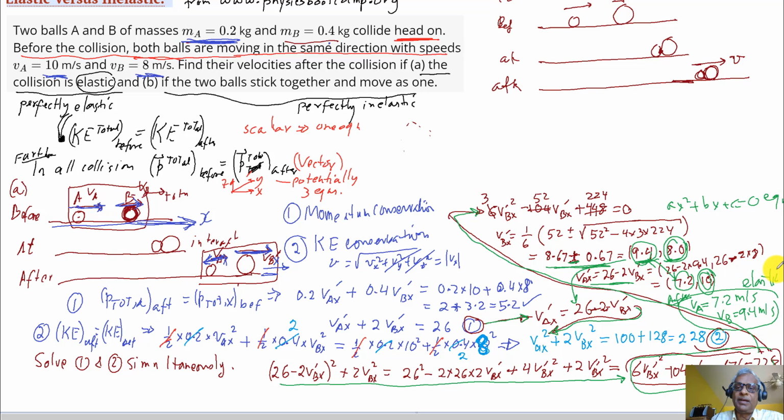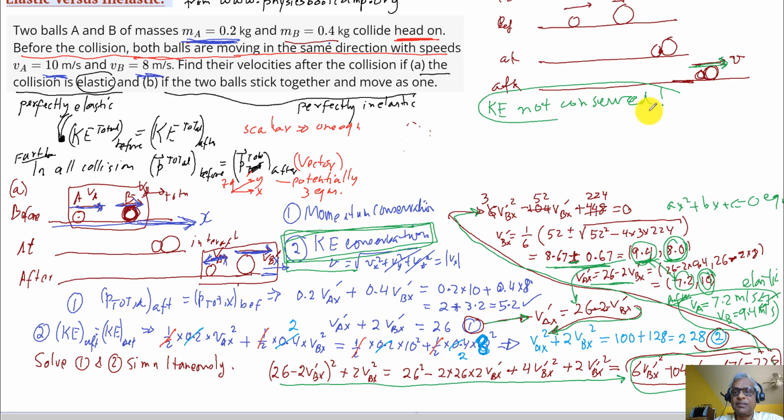Okay, let's go to the inelastic case. Here there's only one V. In the elastic case I got two different V's, but here I'll get a single V. Before we had conservation of kinetic energy, but here kinetic energy is not conserved.